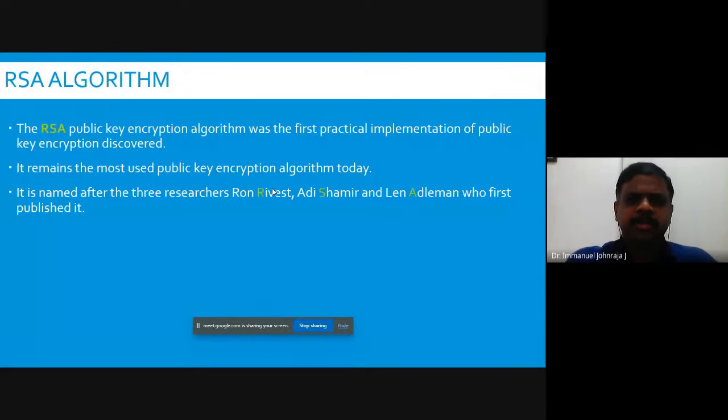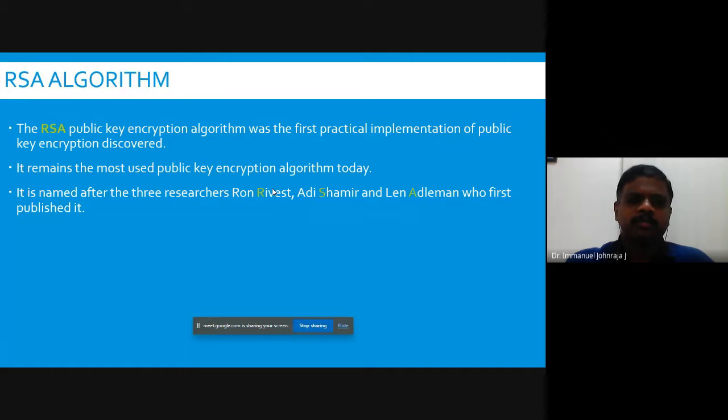So RSA is a public key encryption algorithm. It is the first practical implementation of public key encryption, which was discovered during the year 1977. If you look at the history, there was a call for public key crypto system. Till then, it was not existing, and there were multiple proposals from various scientists and researchers from across the globe.